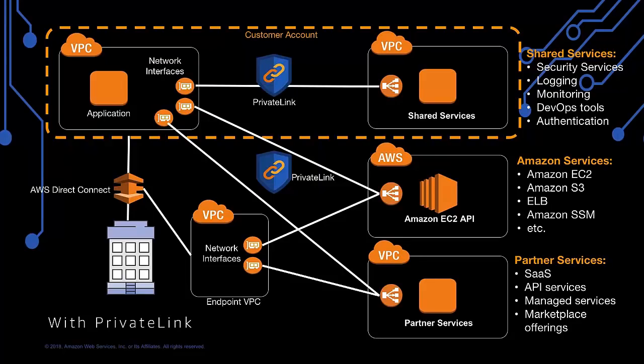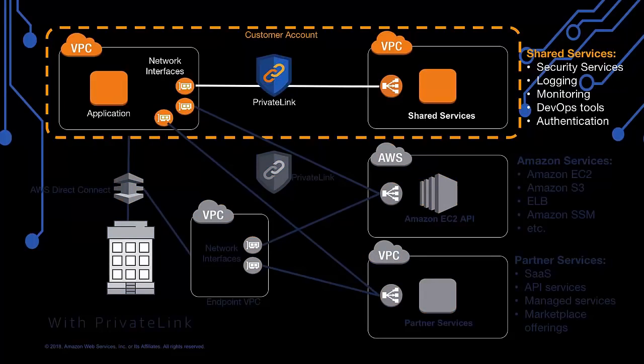So let's dig into these use cases a little bit to figure out which ones make sense and where the benefits are. So in the case that you have a shared services VPC and you were using VPC peering before, what's the advantage of using PrivateLink? One is scale. Customers always have slightly different reasons for using many VPCs. Sometimes every time you create a new account, you get a new VPC.